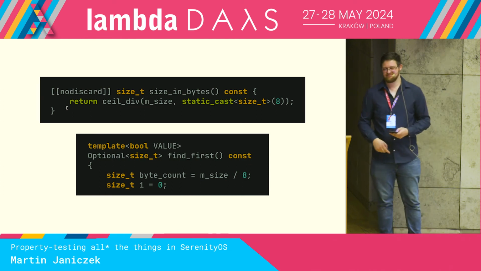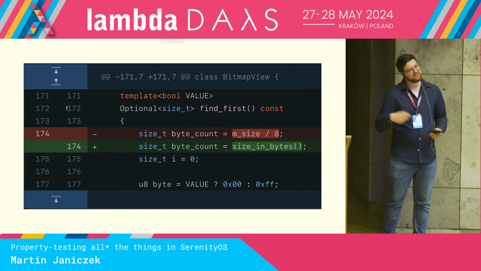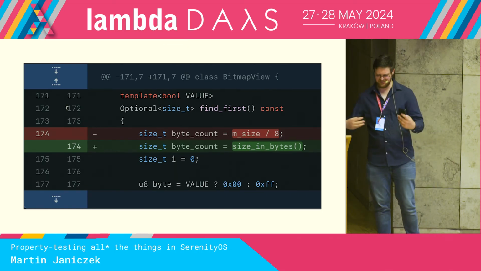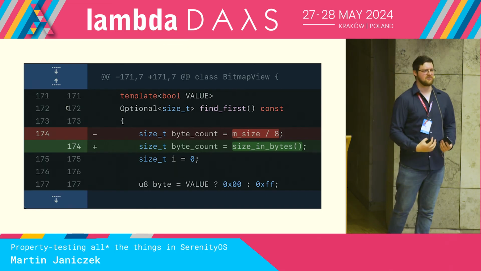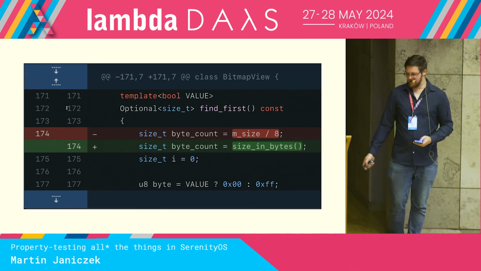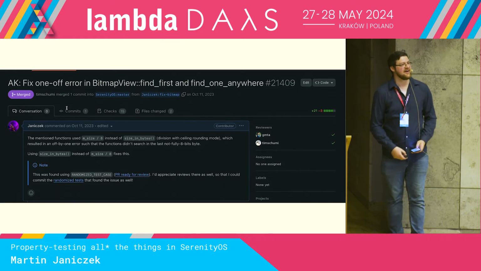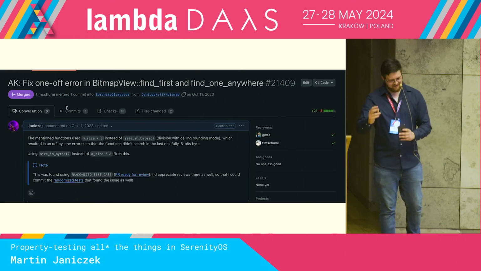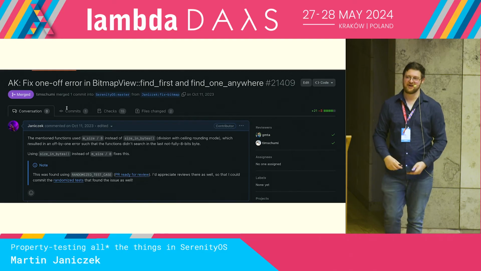So that was interesting. I tried to use the right thing. It also made the code look more high level, right? So sounds like a good thing to do, and that made it pass. And I had my first PR for just a bug found by the property-based testing.